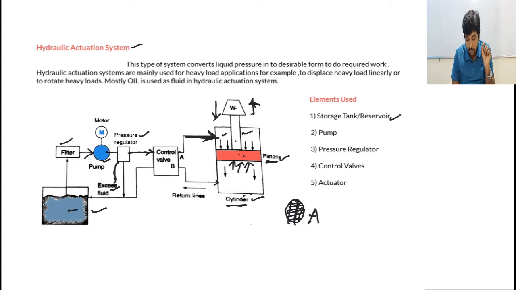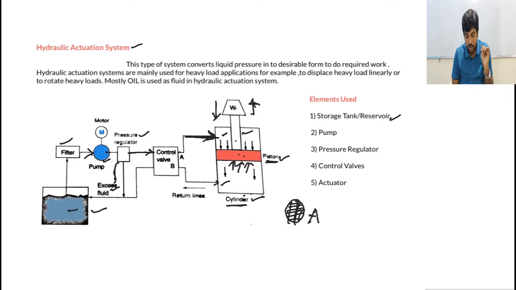This means that whether the load displaces in the upward direction or the downward direction, it purely depends on what? It depends on whether the control valve channelized the fluid flow above the piston or below the piston, right?